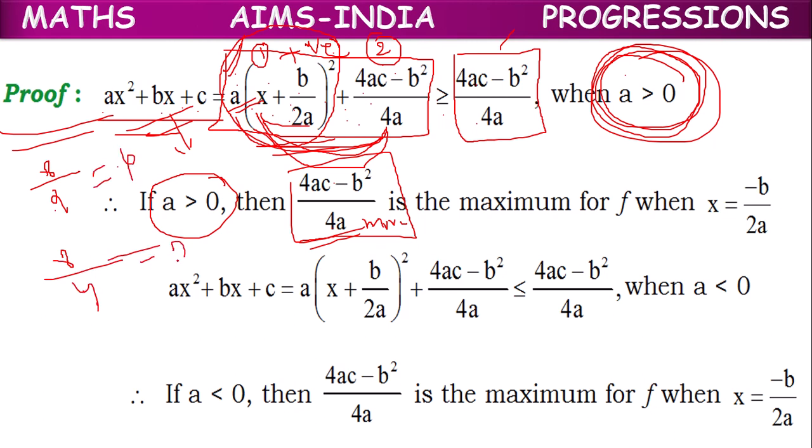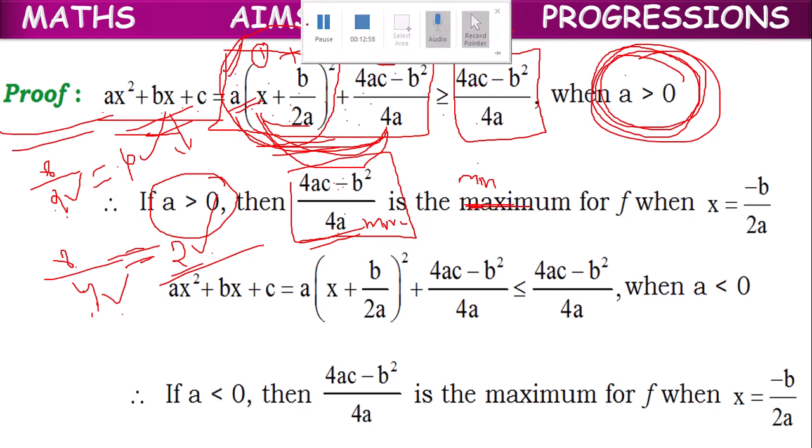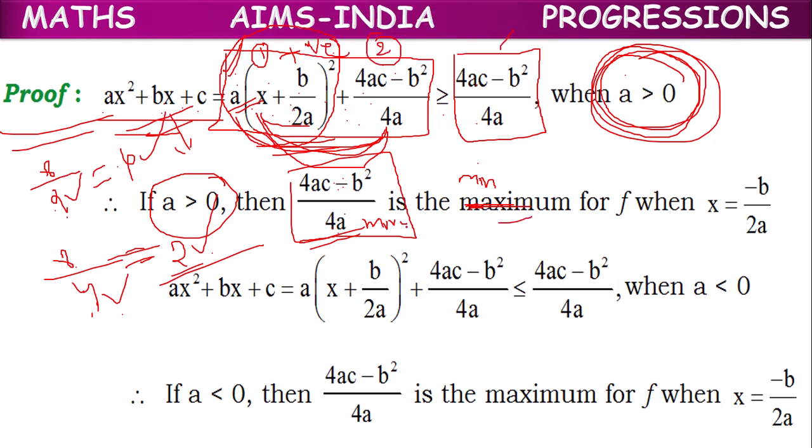What is the 8 by 4 value? 2. Dividing with the smaller number, the value is 4. Dividing with the bigger number, the value is less. So in a fraction, when the numerator is divided by a bigger number, the value will be minimum. It is not maximum, children. The value will be minimum because we are dividing with the bigger number.